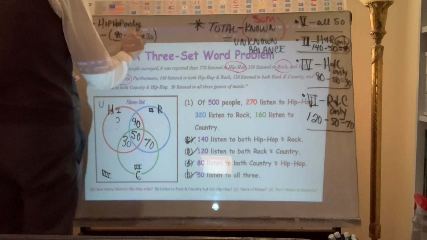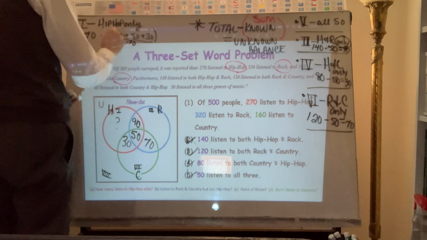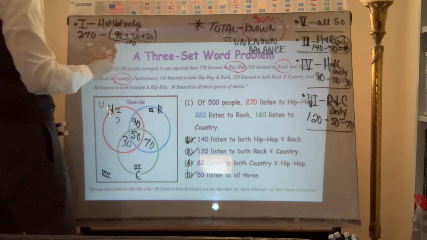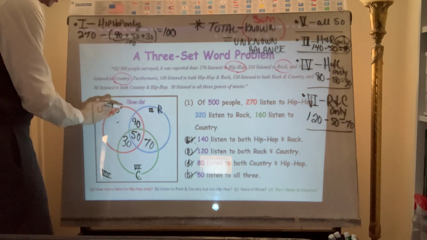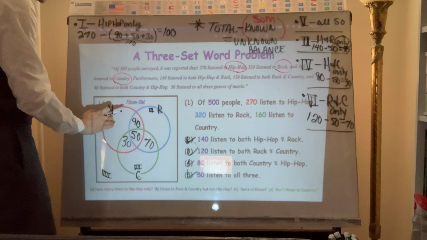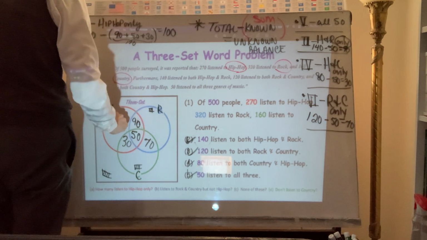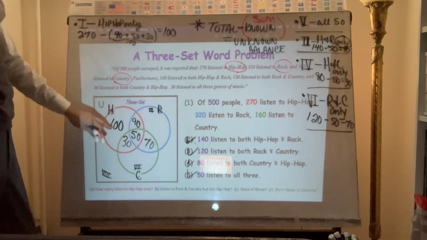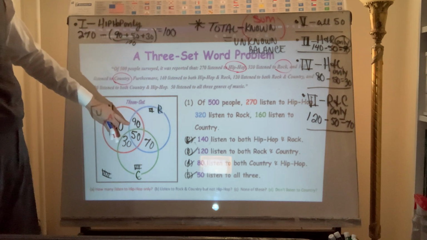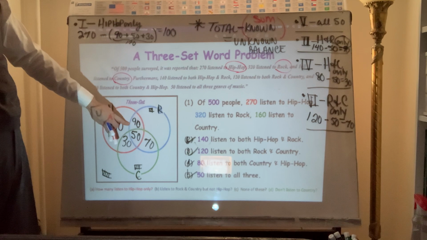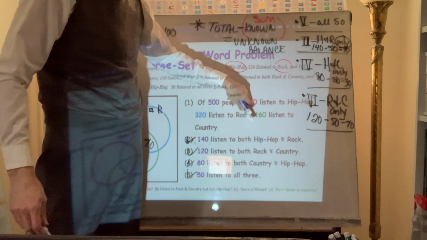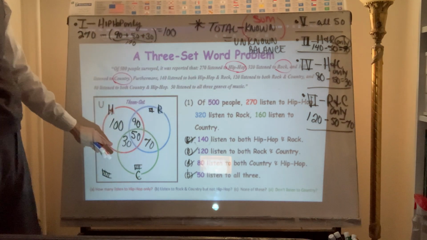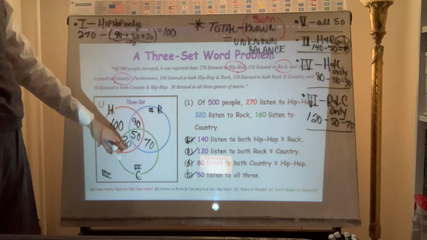So 270 minus 170, you get 100 naturally. That means in this region it's 100. 100 plus 90 is 190. 190 plus 50 is 240. 240 plus 30 is 270. That's the entirety of hip hop listeners.